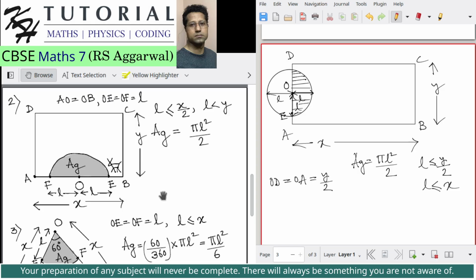Now, if the animal is tied somewhere inside the rectangular plot, with the rope of length small l, if twice L is less than equal to X and twice L is less than equal to Y, then the maximum area on which the animal can graze will be the full circle of radius small l.